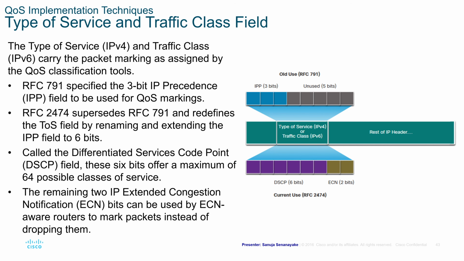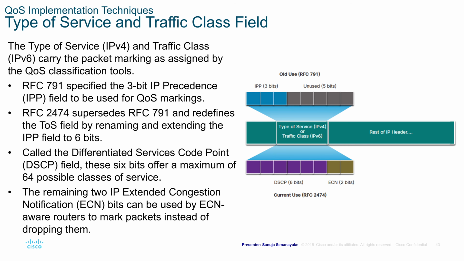Type of service and traffic class field. The type of service field in IPv4, and the traffic class field in IPv6, carry the packet markings as assigned by the QoS classification tools. RFC 791 specified the 3-bit IP precedence, also known as the IPP field, to be used for QoS markings.